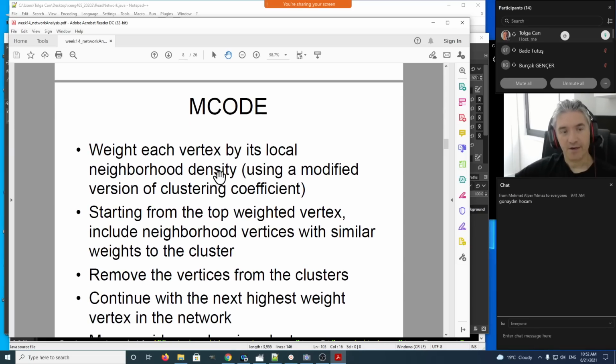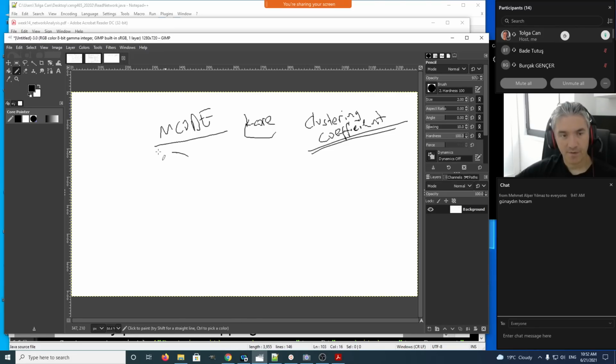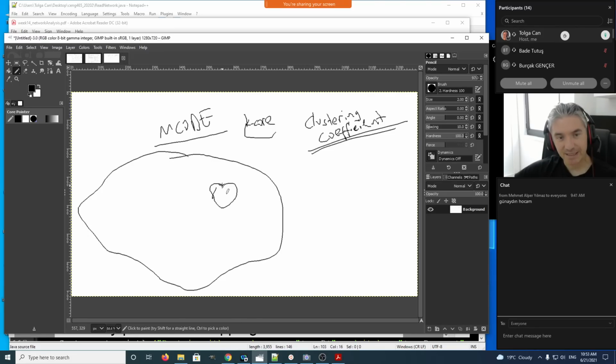Okay. Now, first it starts by taking some measurements for each node in the graph. If you have a very large graph and your goal is to find dense subgraphs in this network, first of all, in order to be in a dense subgraph, a single node has to have a lot of connections.